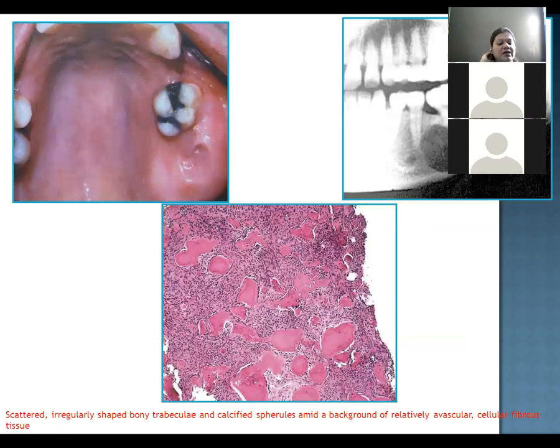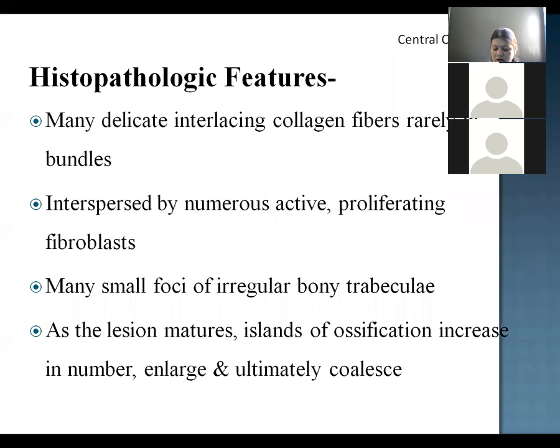So scattered, irregular-shaped bony trabeculae and calcifying spherules with a background of avascular cellular fibrous tissue. This is the characteristic feature of central ossifying fibroma. Many delicate interlacing collagen fibers, rarely bundles, are seen, interspersed by numerous active proliferative fibroblasts and many small foci of irregular bony trabeculae.